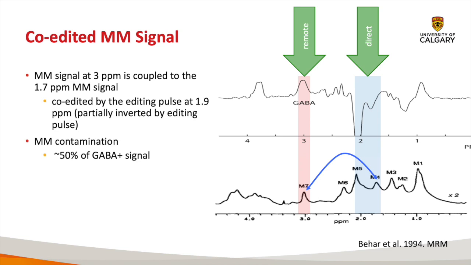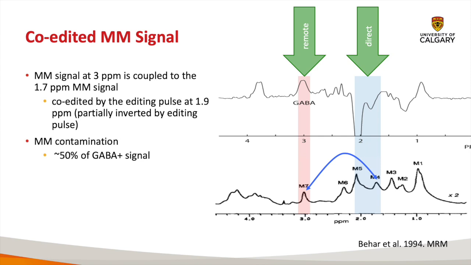So that means we have what's known as co-editing, where our pulse at 1.9 ppm partially inverts or partially edits that 1.7 ppm macromolecular peak such that it is produced in the difference spectrum. Because this macromolecule signal is also at 3 ppm, we have contamination of our GABA signal. And this contamination is pretty substantial. It's about 50% of the GABA plus signal, and that's actually where GABA plus comes from. GABA plus stands for GABA plus macromolecules.